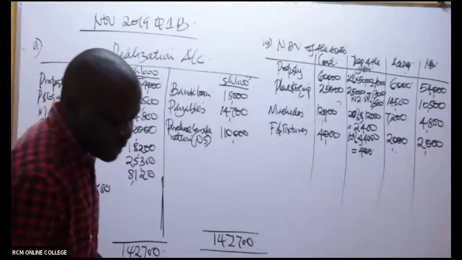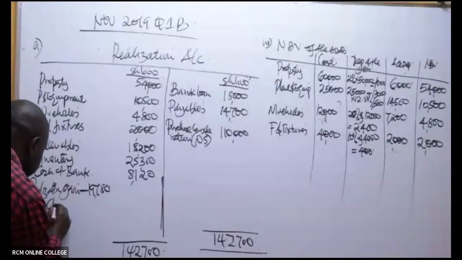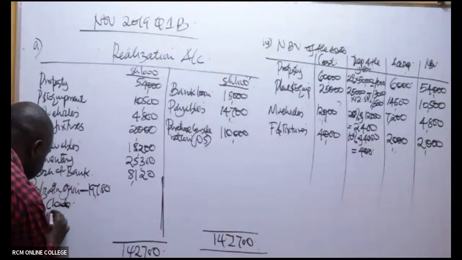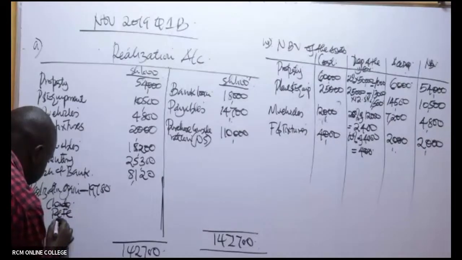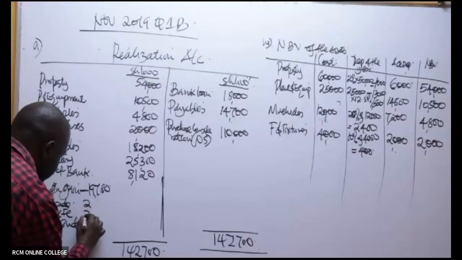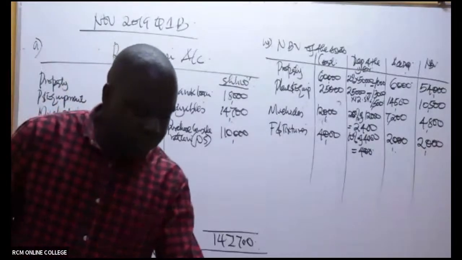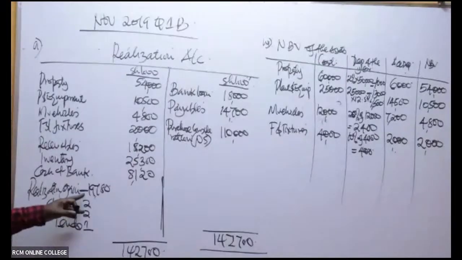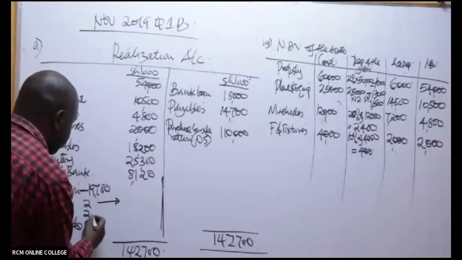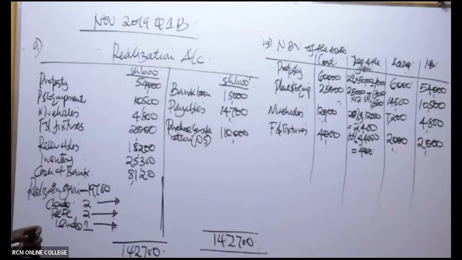In our partnership we have Chanda, Pete, and Tender, sharing in the ratio of 2:2:1. Therefore, the realization gain for Chanda will be how much?